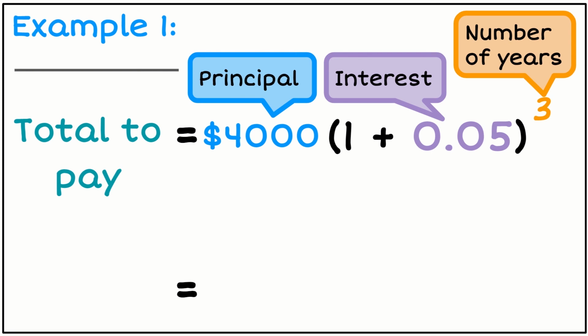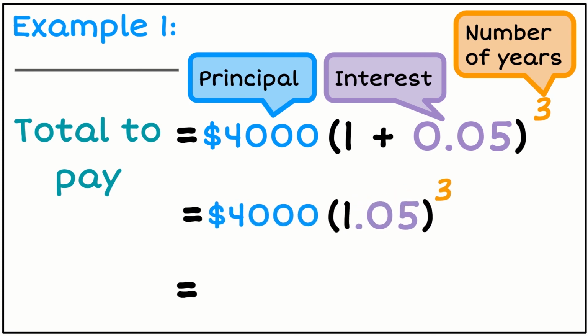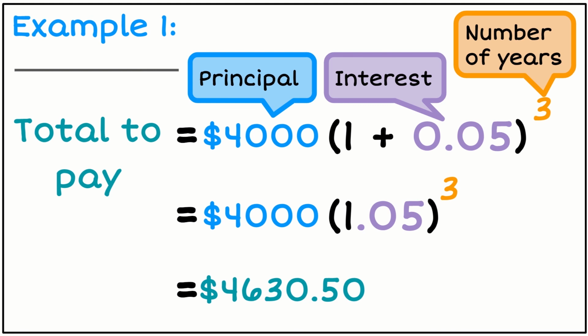So now we are going to simplify that a little bit. So that 1 plus 0.05 in brackets, I turn into 1.05. I put that all into my calculator, and that gives me an answer of $4,630.50. So that means in total, after 3 years, that's the total amount that Mrs. Sneddon would have paid back to the bank.